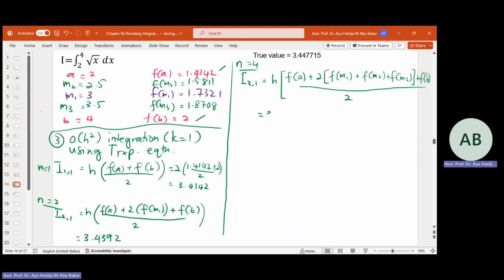Okay, 3.4456. Now that is the 0 to 2 integral, the first part, K level 1.